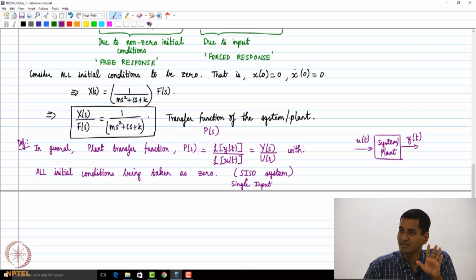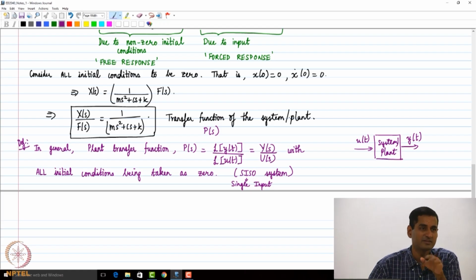But I can still write it in a product form, where I can say the vector y of s is equal to a transfer function matrix multiplying an input vector in the complex domain. That is still something we can do, but we are going to deal with single input, single output systems in this particular course.